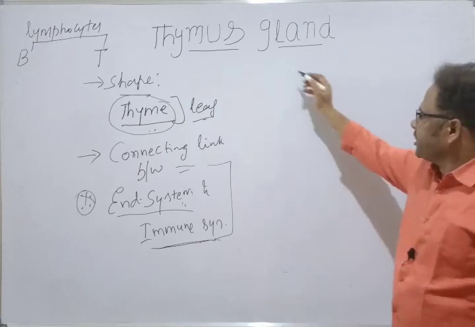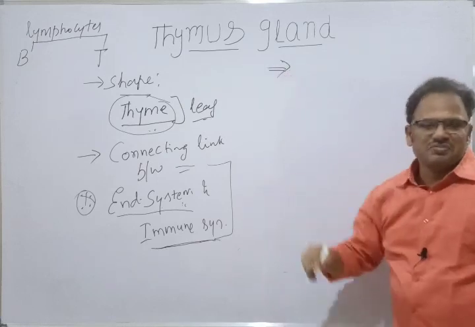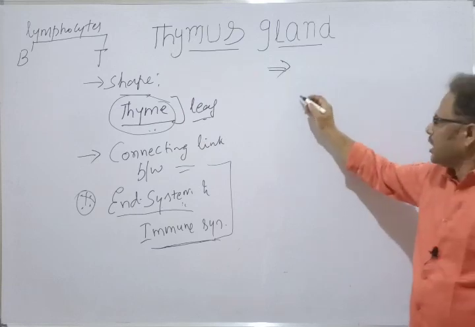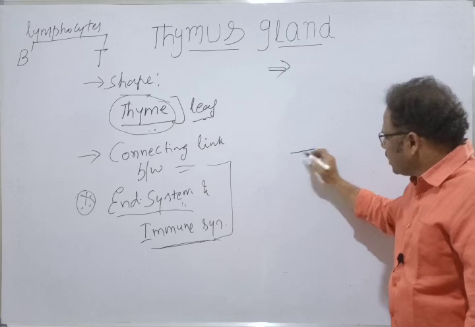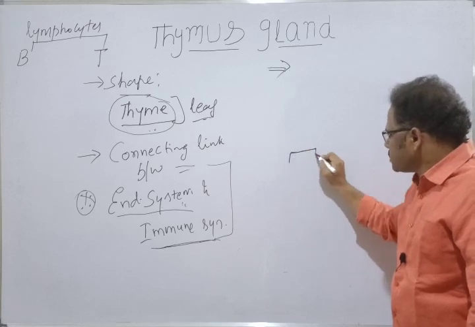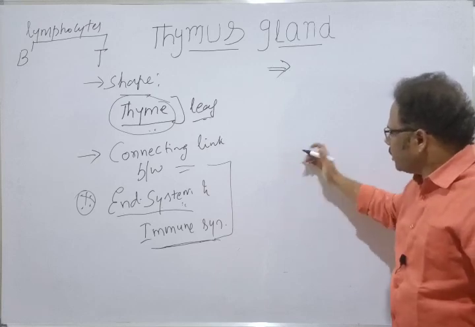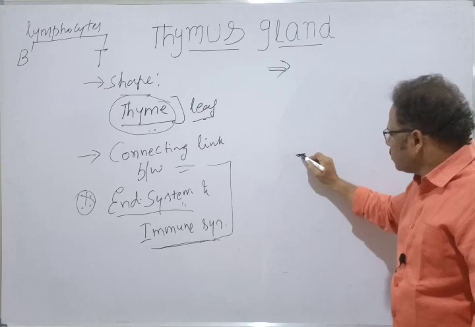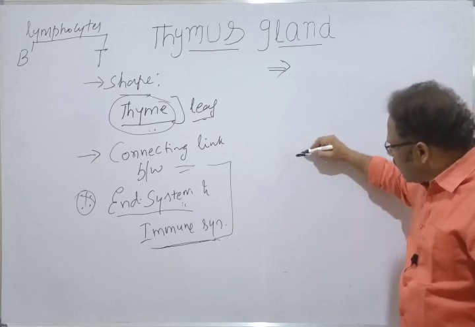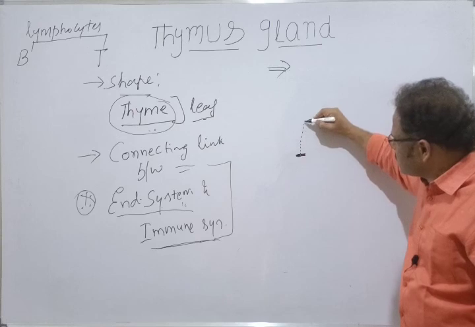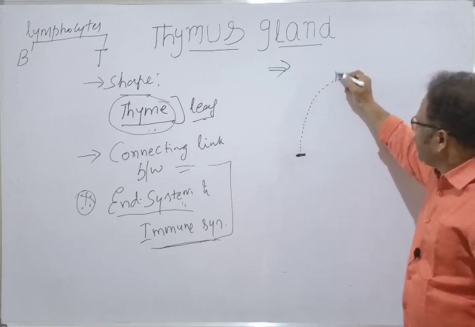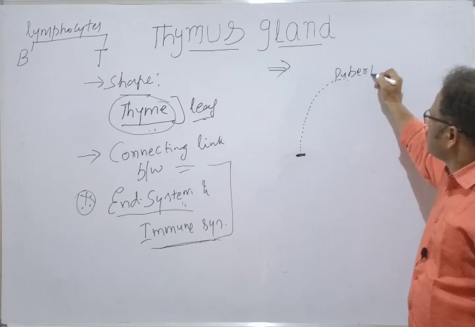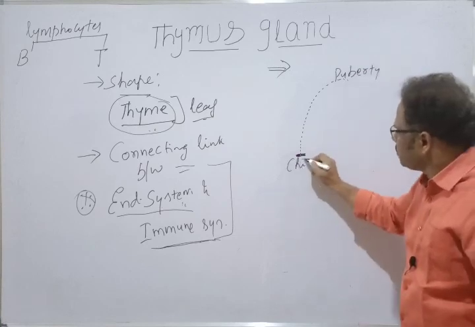Now the most interesting aspect of the thymus gland, the most important thing is, at childbirth, the thymus is a very small structure. As the age increases, it develops and attains its peak at puberty.